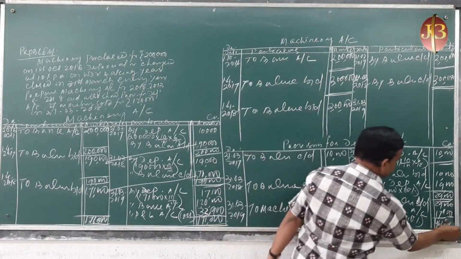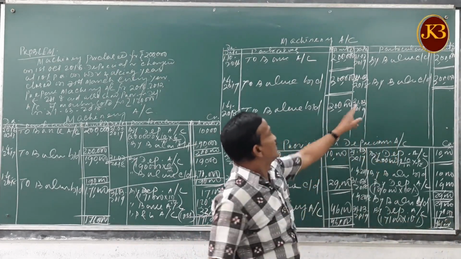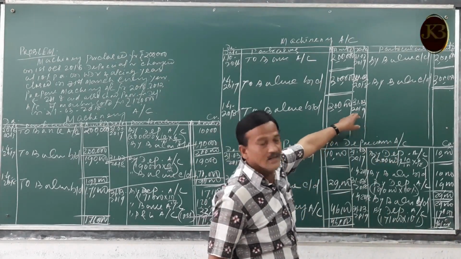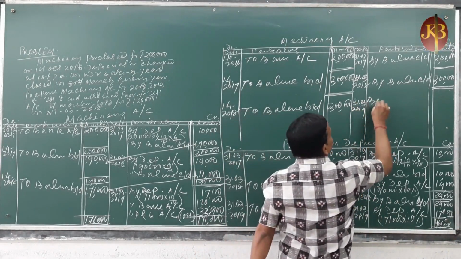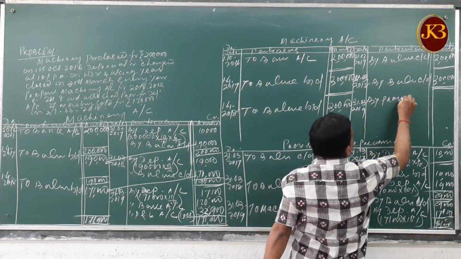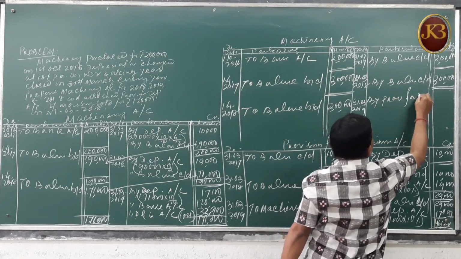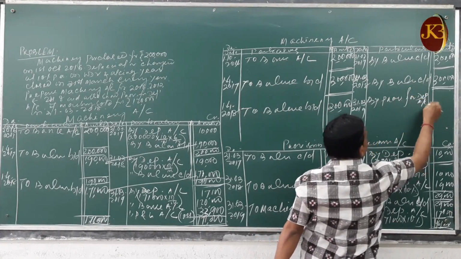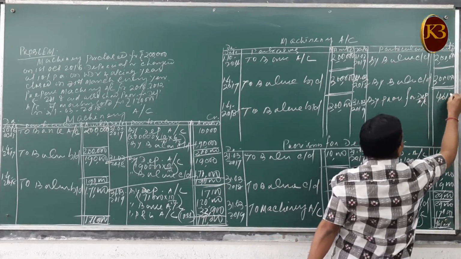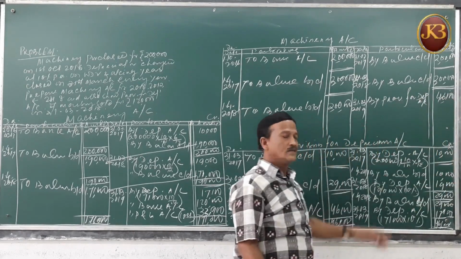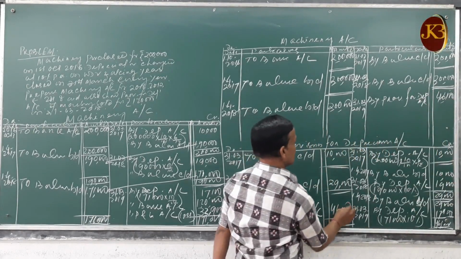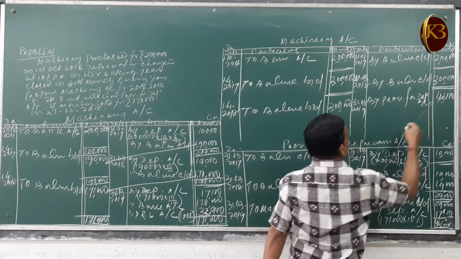Okay. So now 31st March 2019, that is by provision for depreciation account 46,100. This is depreciation. This amount goes here.